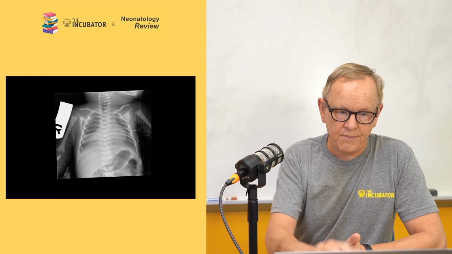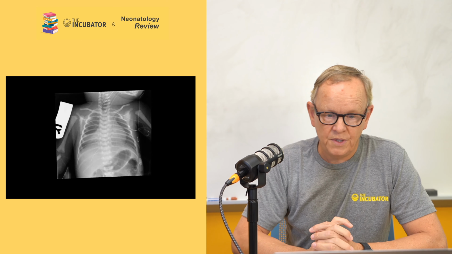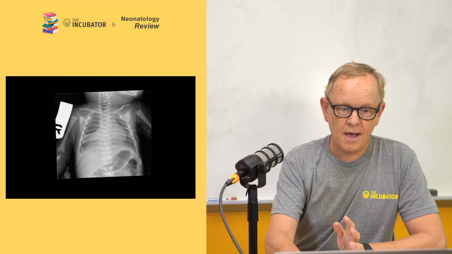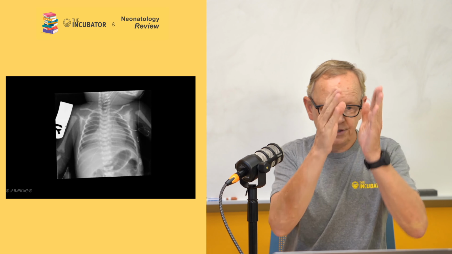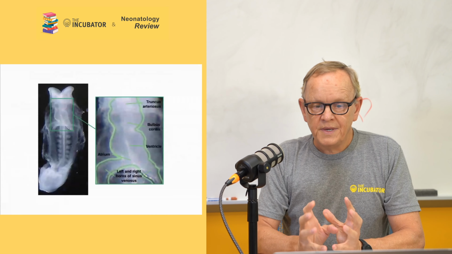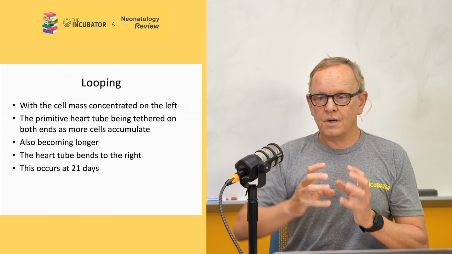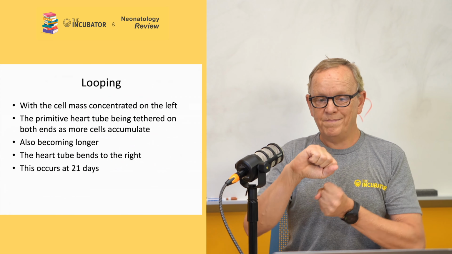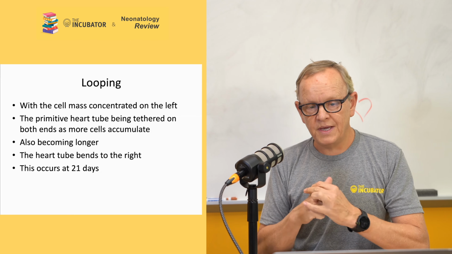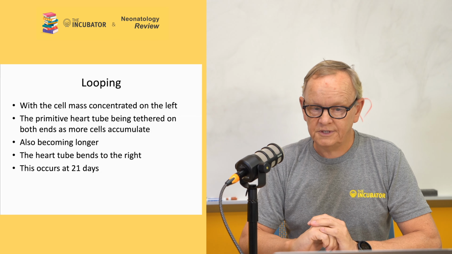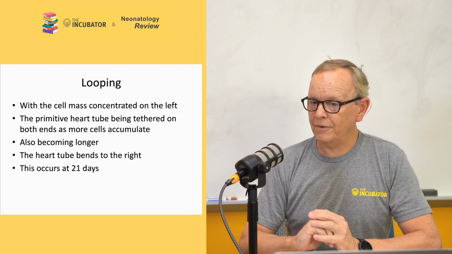Back to cardiac embryology. We were talking about the heart tube and the images of the heart tube. Now the next step is looping. Looping actually doesn't necessarily occur because the heart tube bends or turns. Looping is a result of cell mass growth.